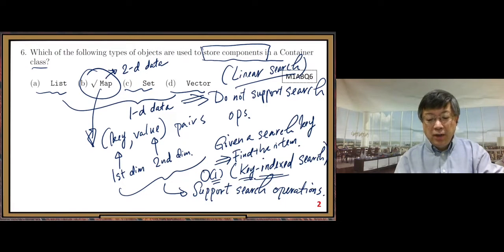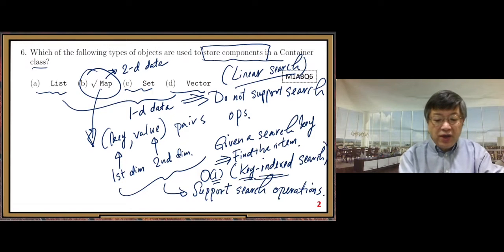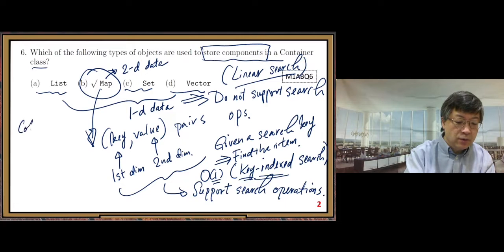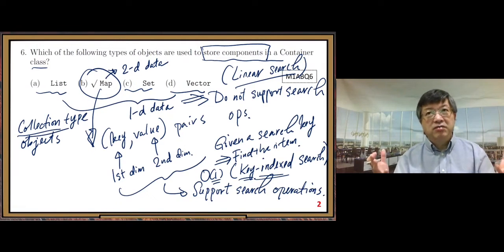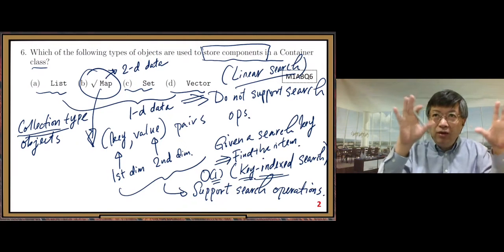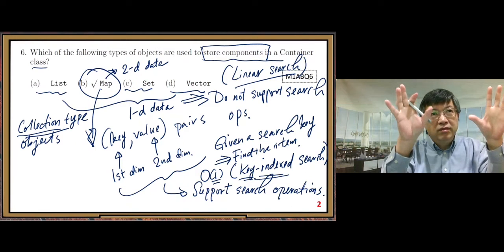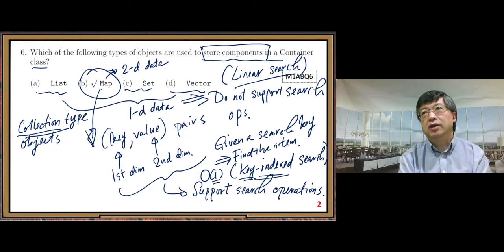question number 6. Since we use these special Java classes, we call them collection type objects. The reason is very simple: each object can hold a certain number of other objects, so it's a collection.